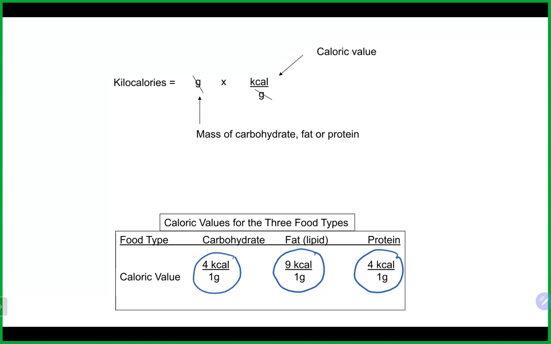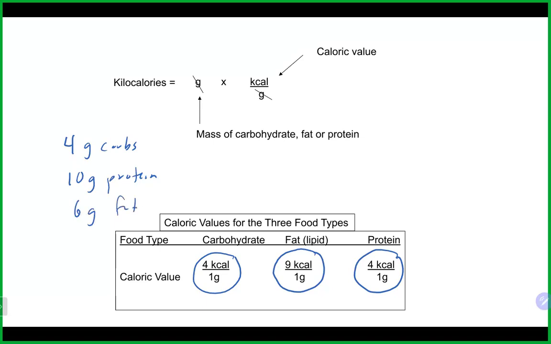So, for example, if you look on the back of a nutritional label of some type of food product, you usually will find those 3 categories listed, and they'll say maybe there's 4 grams of carbs in that substance. And maybe they'll say there's 10 grams of protein. And maybe they'll say there is 6 grams of fat.